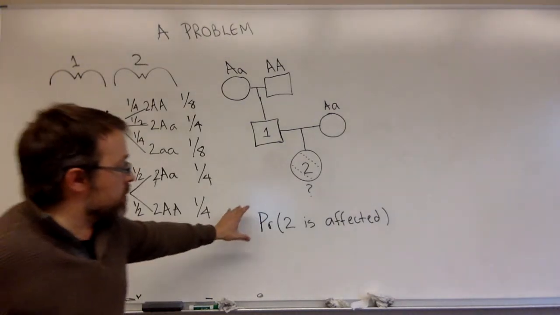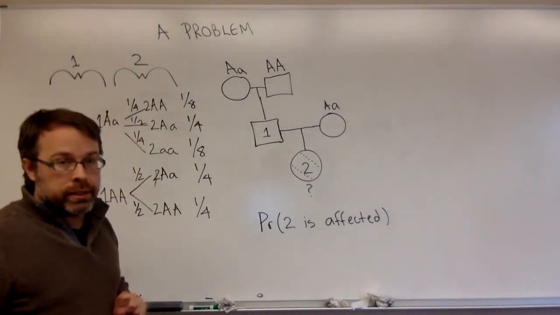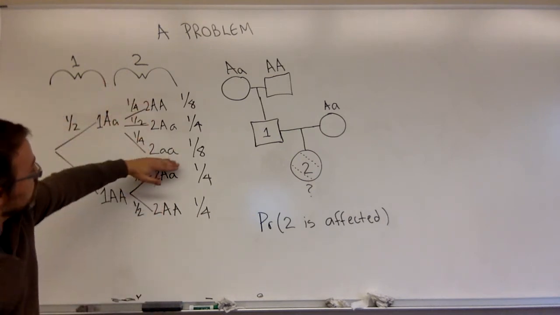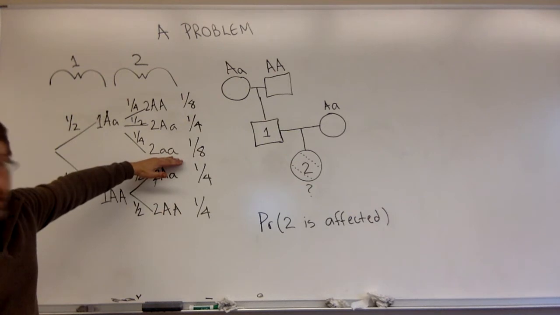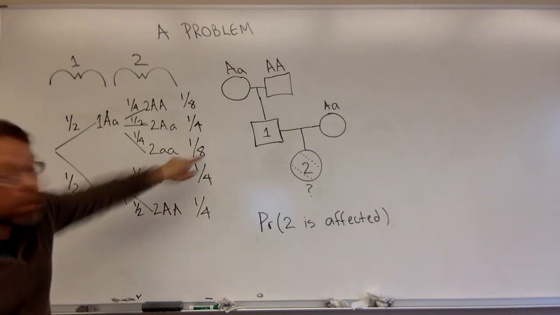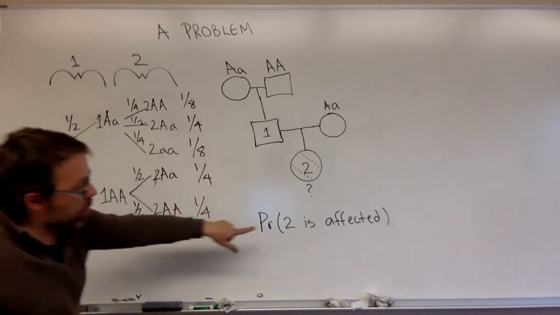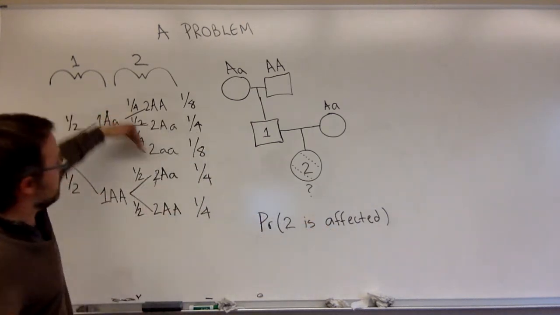And so our first question is, is number 2 affected? So how many of these paths is that the case for? Well, it's only the case for this one, right? Sorry, that would mean the probability that 2 is affected is just this path, 1/8.